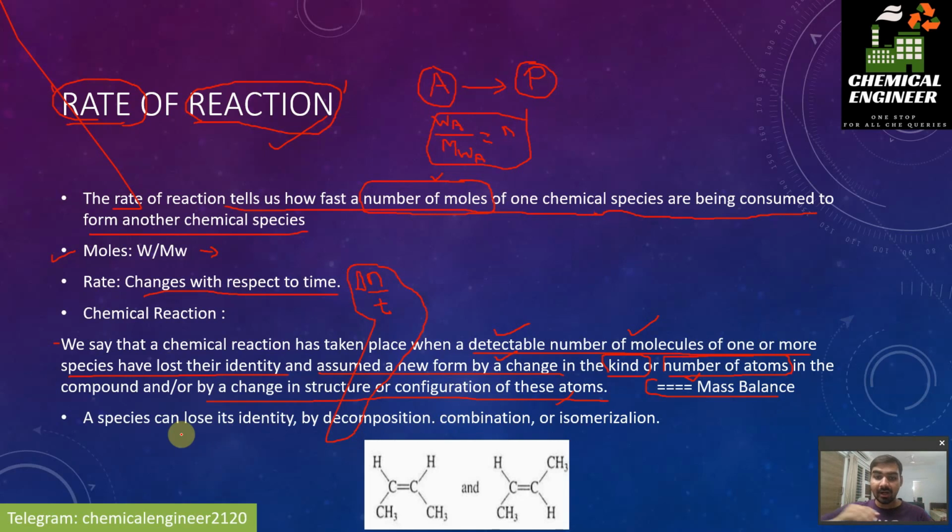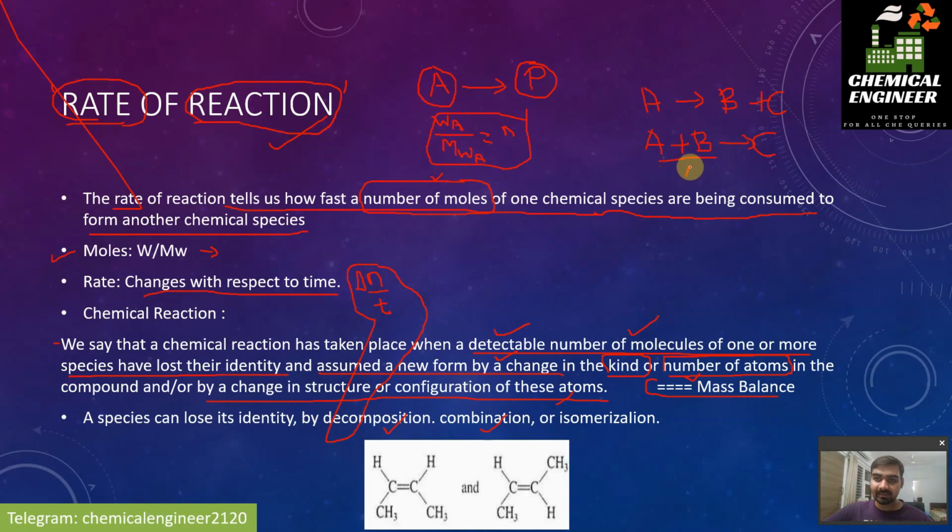Okay, and now how can these changes occur in a chemical reaction? There are three major definitions. They can decompose, like suppose we have component A which decomposes into B plus C. That is called decomposition, that is one component decomposing into one or more components. Combination is nothing but A plus B forming C, that is a combination of two forming one component.